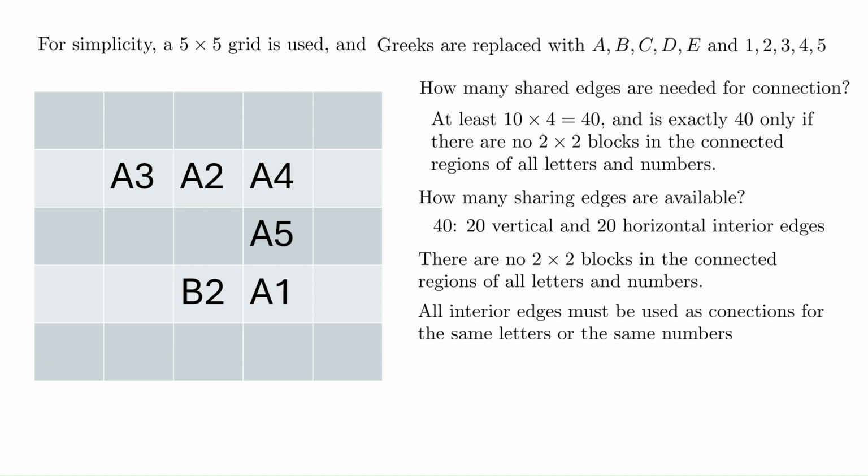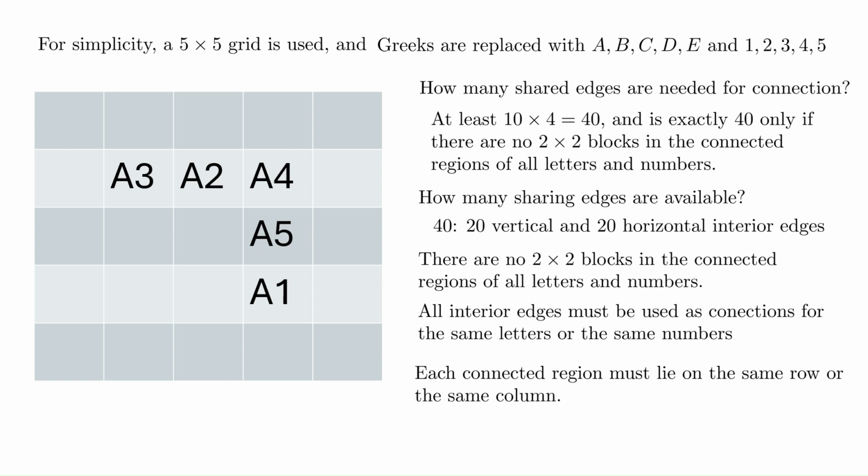This is the crucial part of the proof. All neighboring cells must be connected with either the same letter or the same number. By the way, all these calculations and conclusions work for the 24 by 24 grid as set in the original problem.